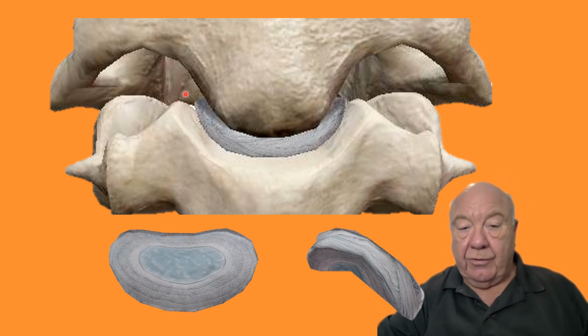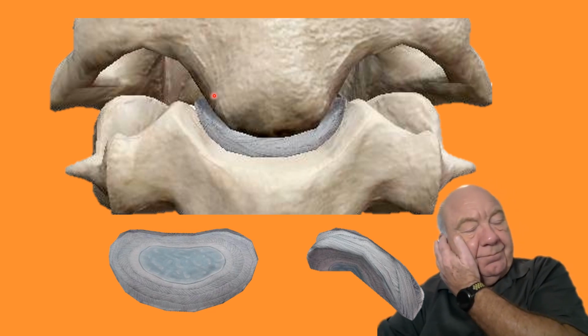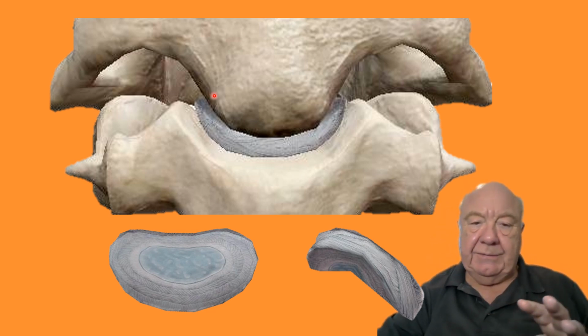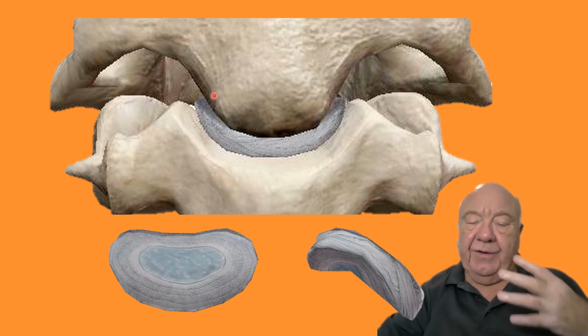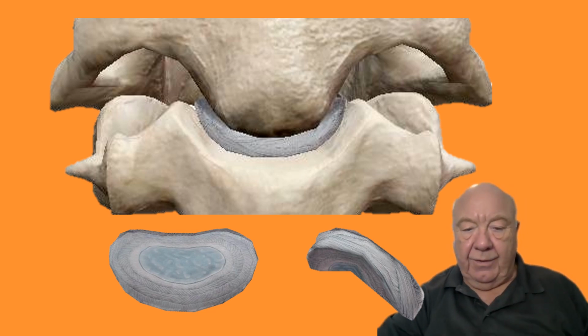So let's see if we can point out some of these features. There's the uncinate process sitting like so, and it articulates with a facet that forms there. And there's the disc. So the disc is actually the separator between the two vertebral bodies, and as the joints develop, the disc starts to break down, and what you see is a fissure that forms like so on each side.